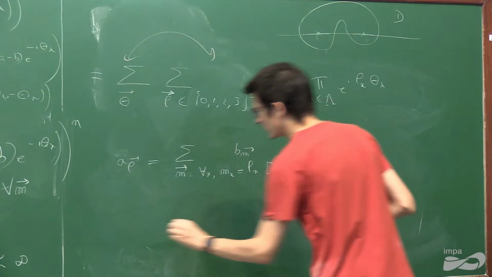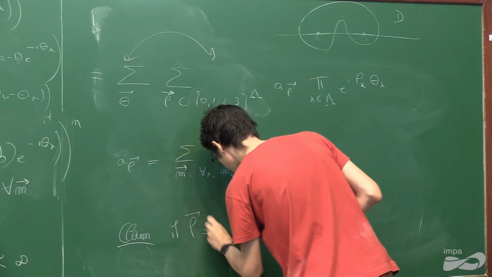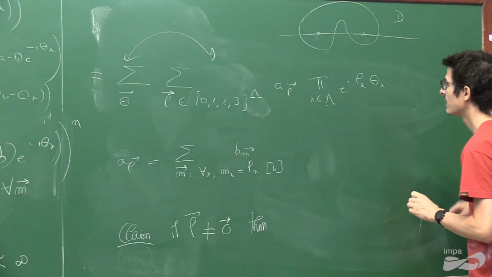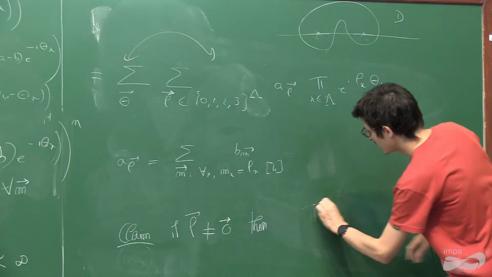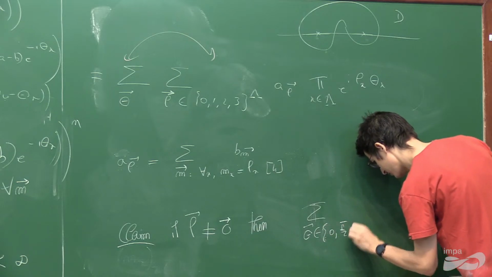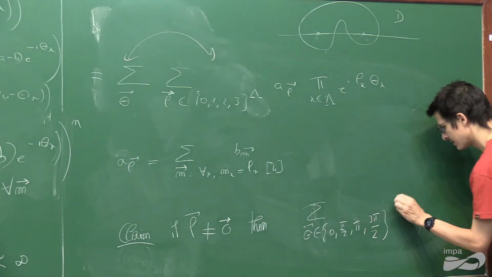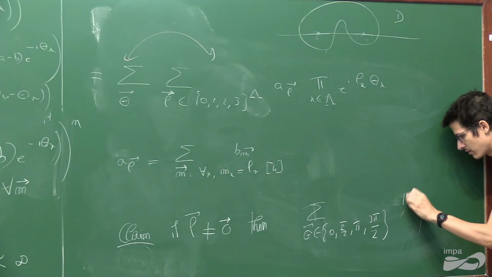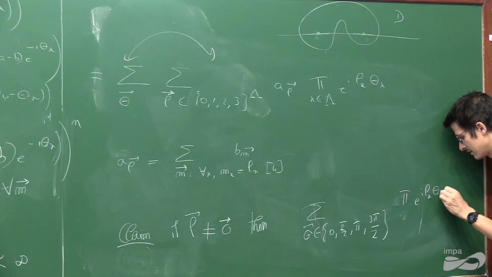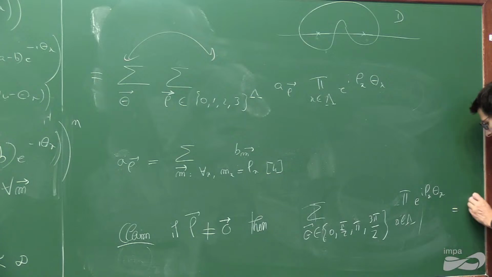And the important claim here is that if L is not equal to 0, then the sum over theta in 0, pi over 2, pi, 3 pi over 2 of the exponential of i L times theta, times omega, this is equal to 0.